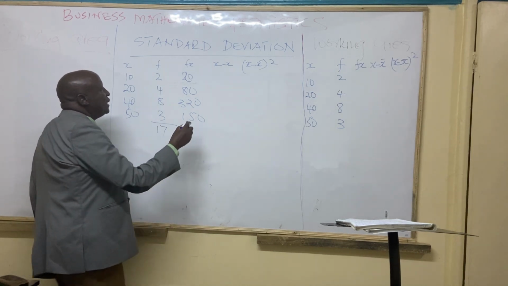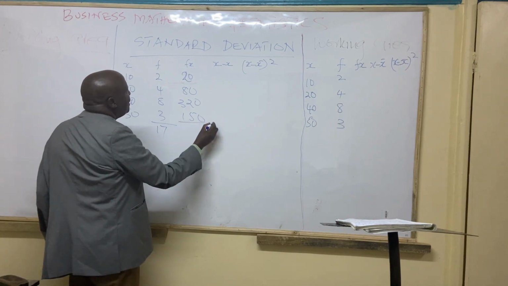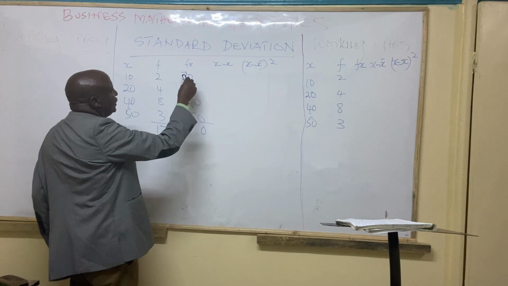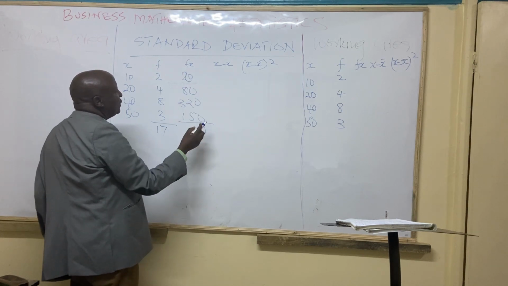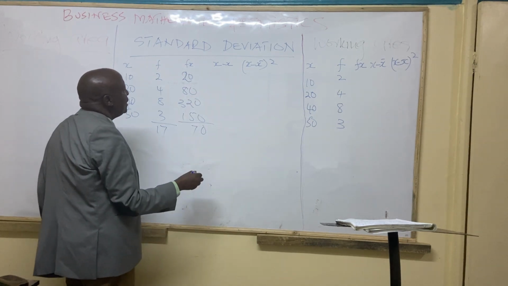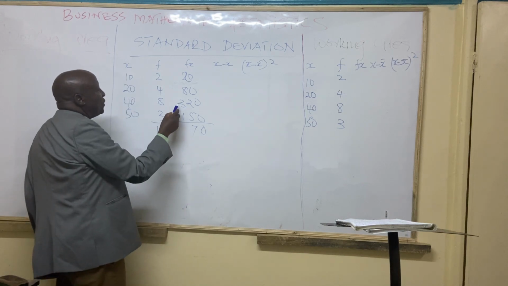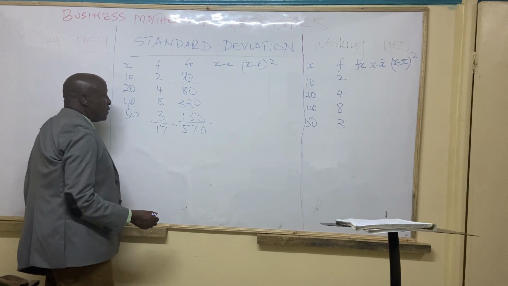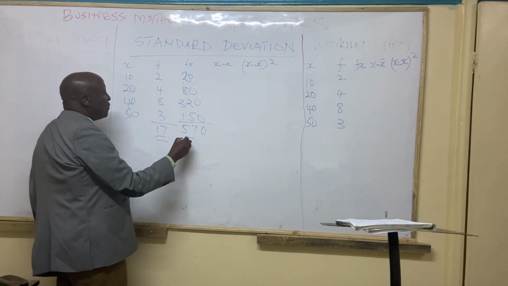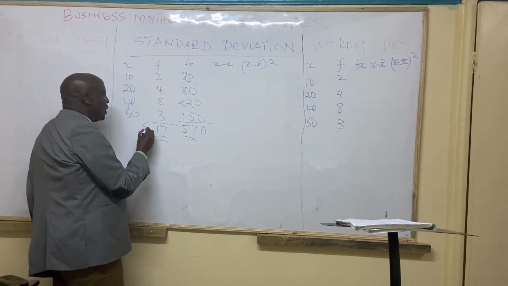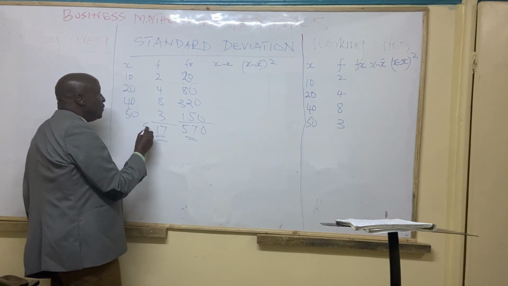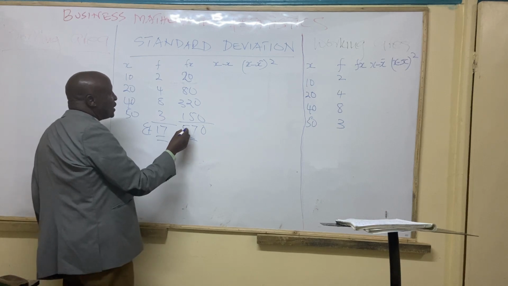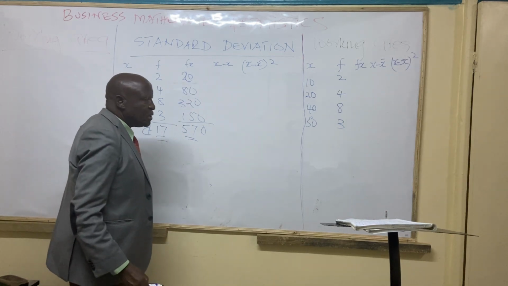And then we add the fx: 20, 100, 420, 570. So our frequency will be 17. Our fx will be 570.